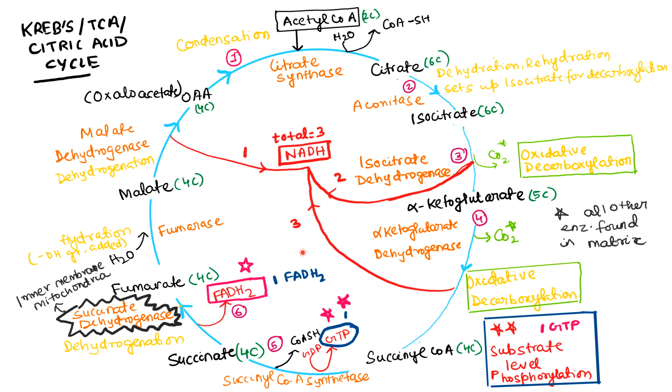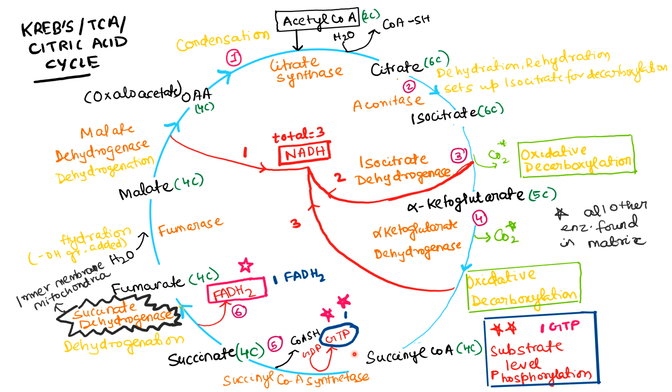Similarly, how many FADH2 will we be getting? For a single pyruvate we are getting 1 FADH2, so for 2 pyruvates or a single molecule of glucose, we will be getting 2 FADH2. Apart from these redox equivalents, which will help us in getting ATP indirectly, we are getting ATP synthesis directly here, by substrate level phosphorylation, as indicated in the formation of GTP.